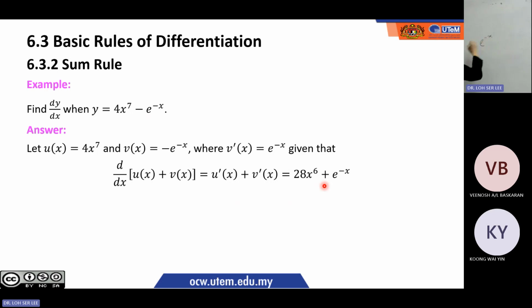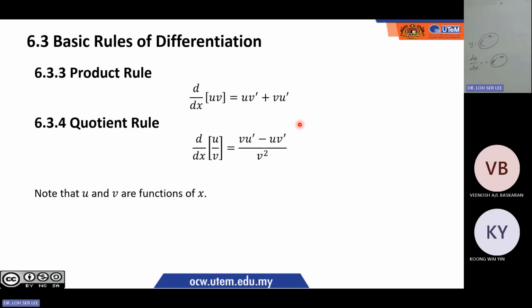For exponential, you get this function back, but when you differentiate the exponent, you get a negative one, and you have to put it here. The minus, negative, you get a plus.